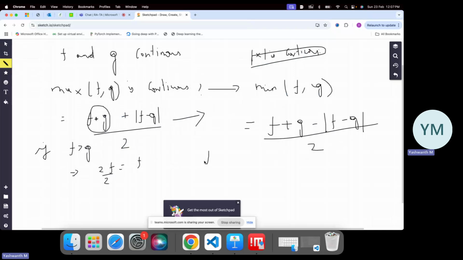Since we take the same thing, f greater than g, what happens here is we end up getting f plus g, and this is positive f minus g. We end up getting 2g over 2. So this is g. With similar arguments, we can conclude that min of f comma g is also continuous.